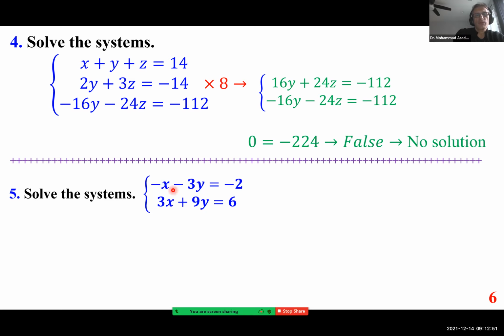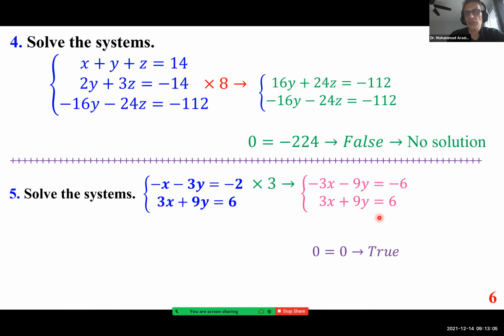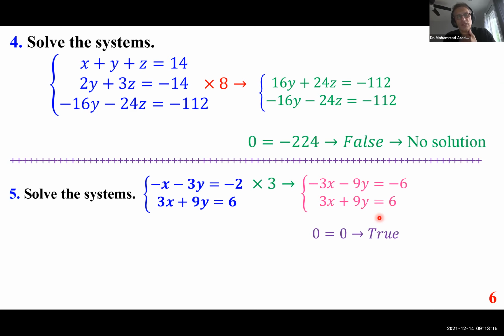In this case, if we multiply the top one by number 3, they cancel this one. And so we notice everything cancels out on the left, also on the right. So 0 equals 0, which is a true statement. What does it mean? We have a dependent system with infinitely many solutions.